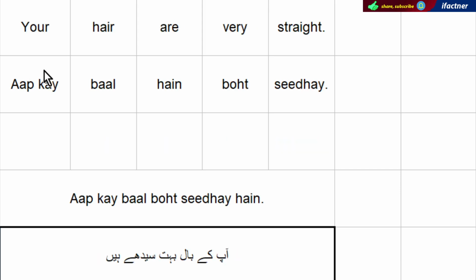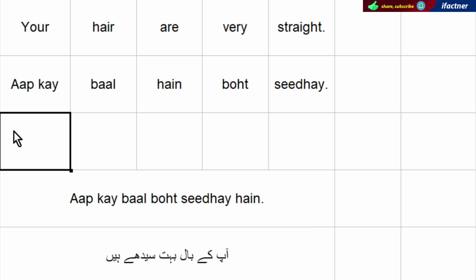A barber may say, your hair are very straight. आपके बाल बहुत सीधे हैं. Your is आपके, and we type आपके as alif madda pe sakin आप, and के kaf badiye के.